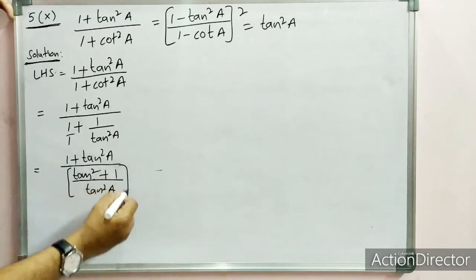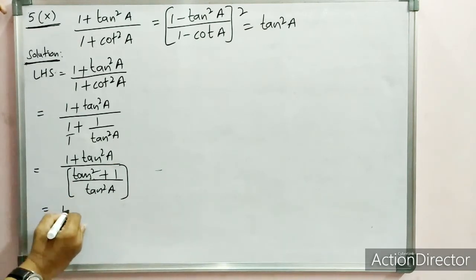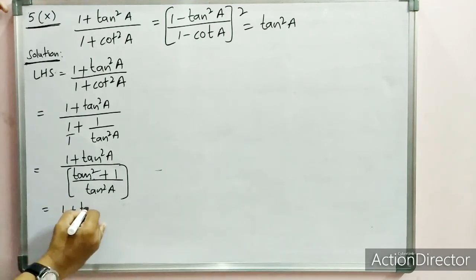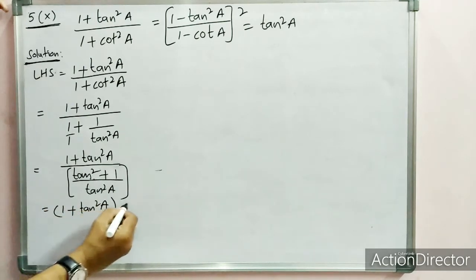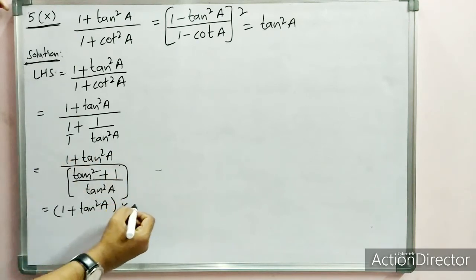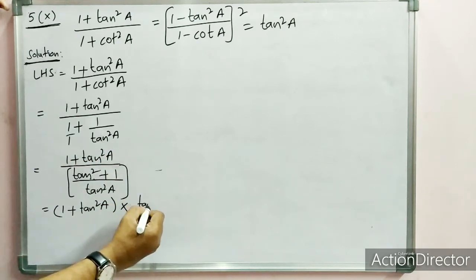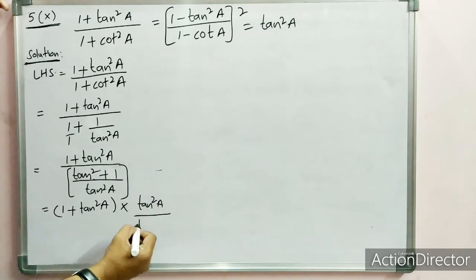This is a fraction. Now we can write this one as 1 plus tan square A into, this will be reversed, the fraction will be tan square A by tan square A plus 1.